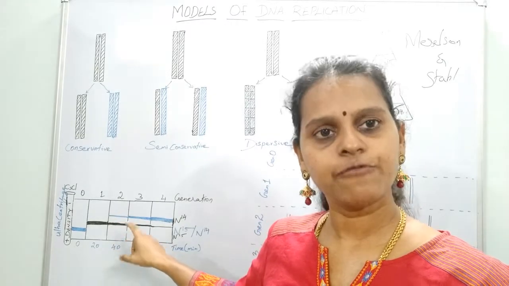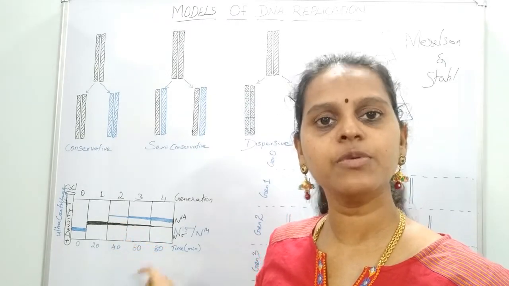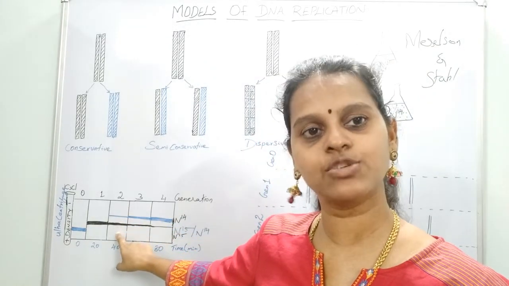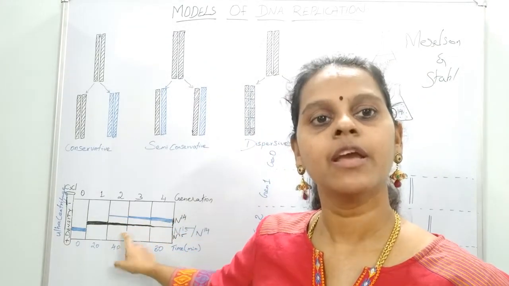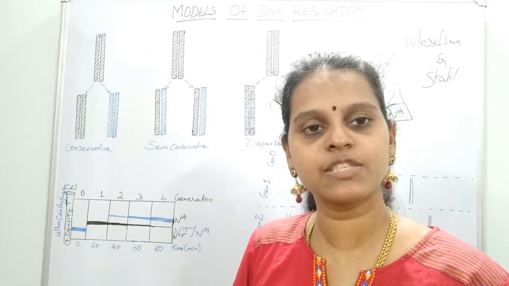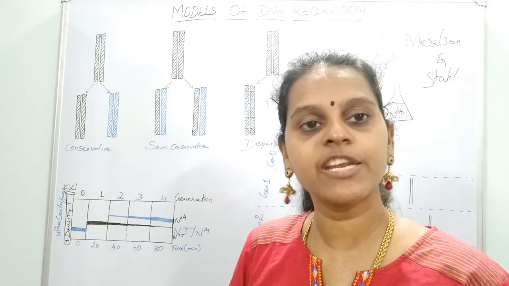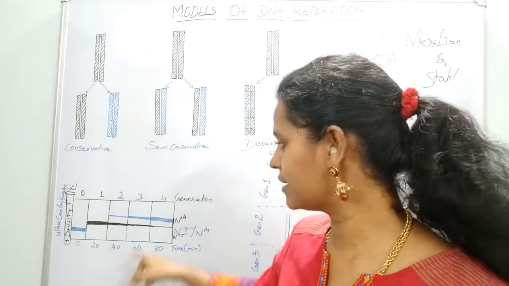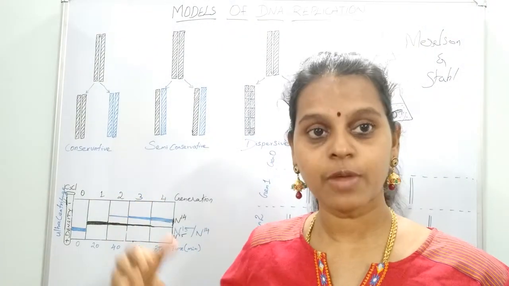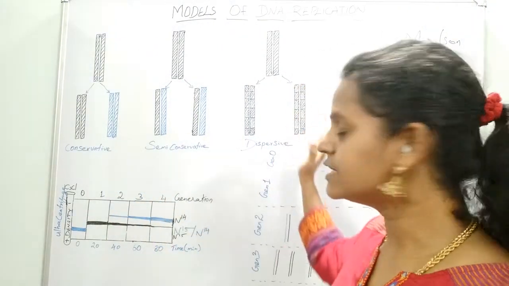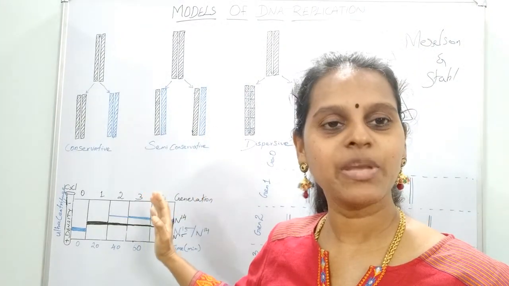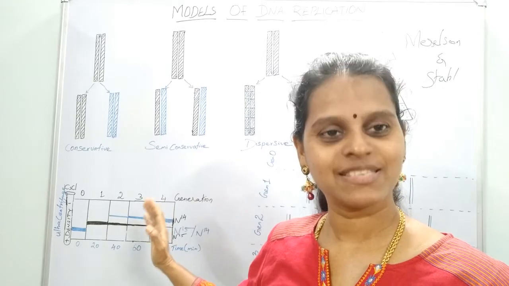If it were replicating through the dispersive method, in the second generation all the DNA in the cells should have N14 and N15 combinations. But here, some of the cells have only N14 isotopes. From this they concluded that the dispersive method is also not in action, and only the semi-conservative mode of replication is taking place.